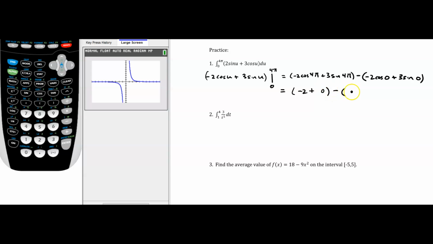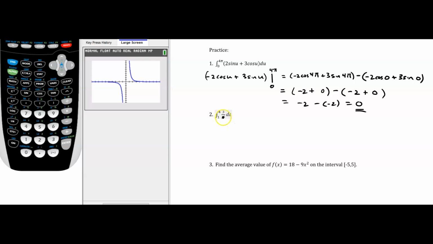And 0 is coterminal with 4 pi, isn't it? So it's probably not a surprise that this ends up being the exact same inside these parentheses. And so you end up with negative 2 minus negative 2, or a net effect of 0. So your answer to number 1 would be 0.